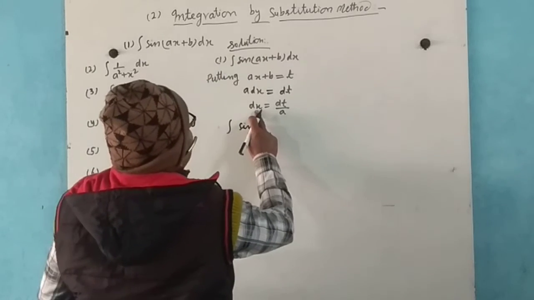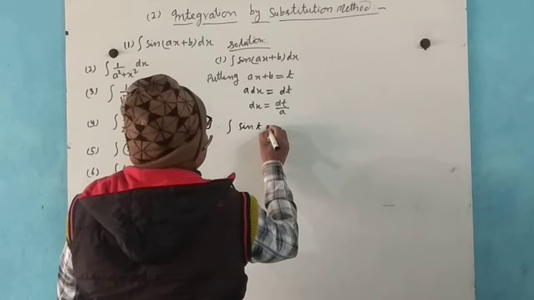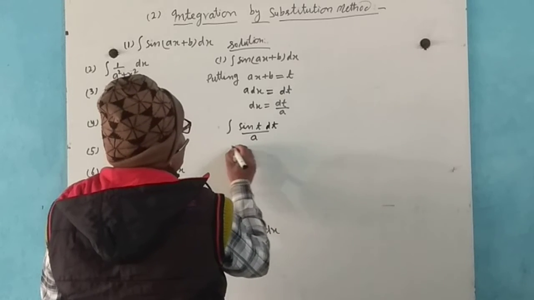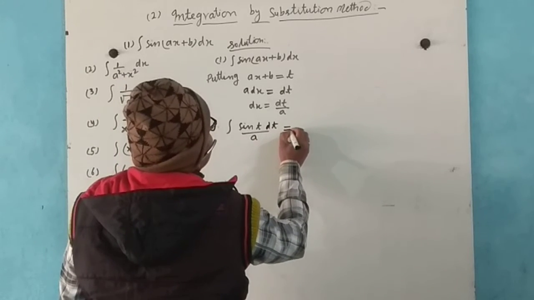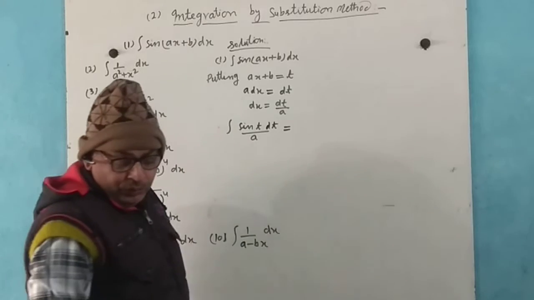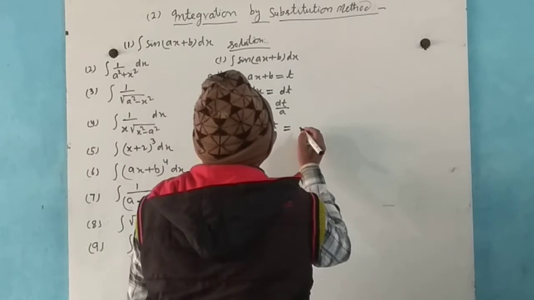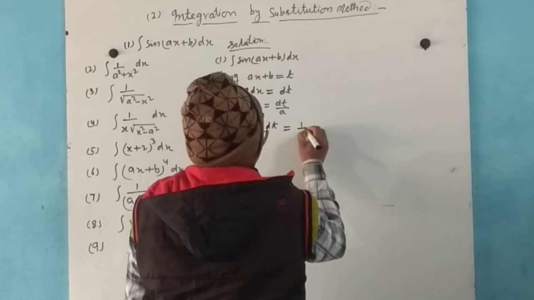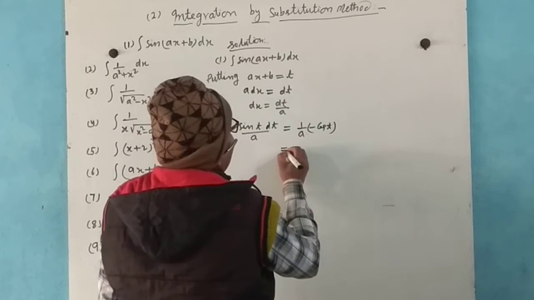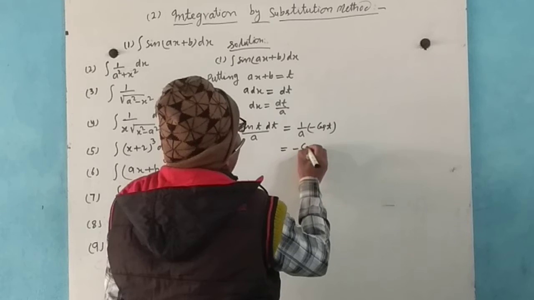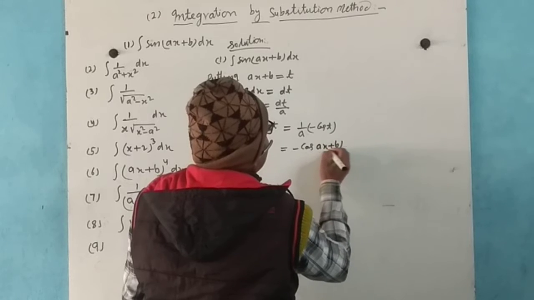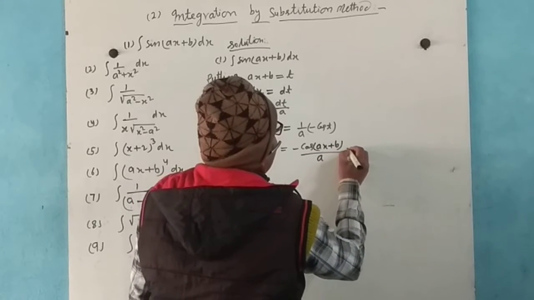Now putting this in, the integration of sin ax plus b becomes sin t, and dx equal to dt by a. The integration of sin t dt is minus cos t, so this is 1 by a times minus cos t, and with t equal to ax plus b, this is minus cos of ax plus b divided by a plus c.